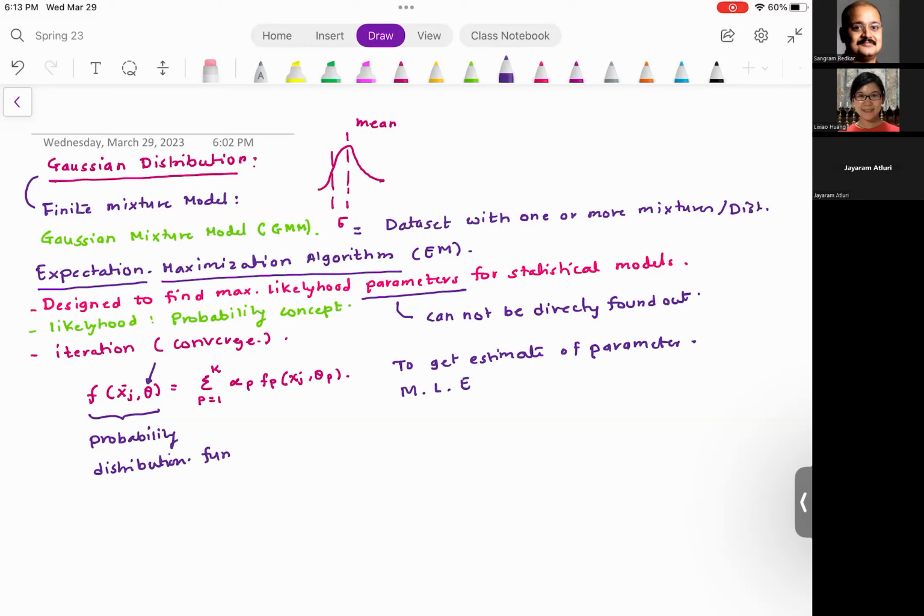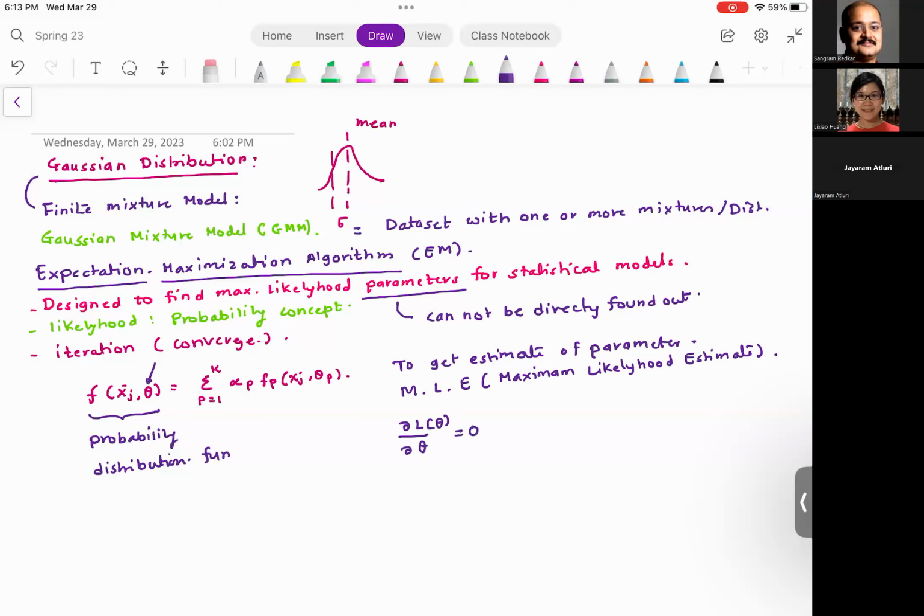You take the roots of partial L, which is a function of theta, with respect to partial theta equal to 0.